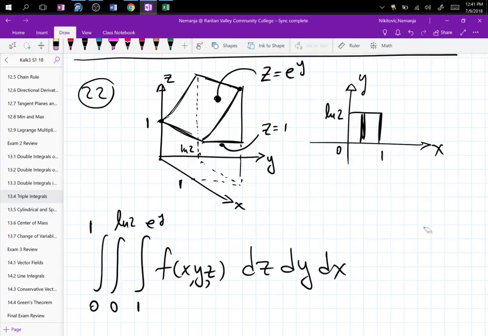If you look at my x-axis, 0 to 1, that's that line, 0 to 1. That's where my object is. On the x-axis it's from 0 to 1. So setting up these integrals is going to be looking into dx, dy, dz at all times.